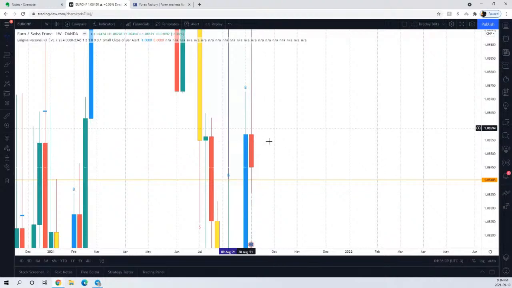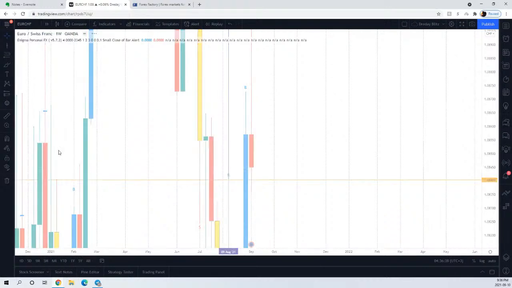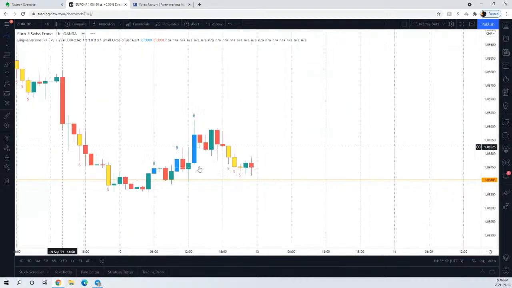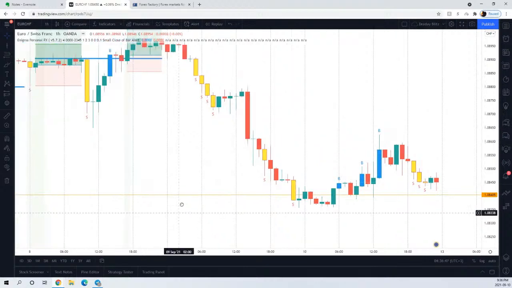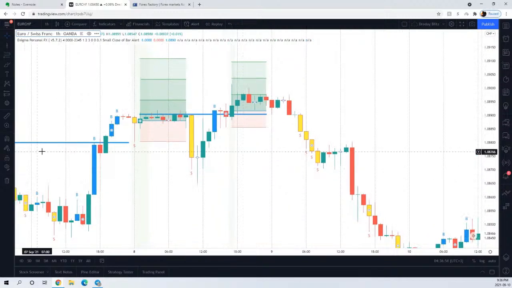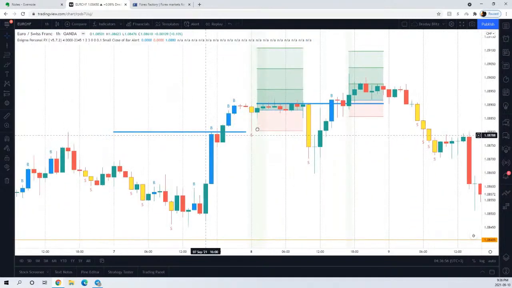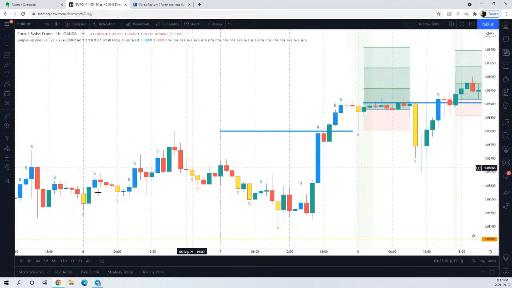Okay, so we said Euro CHF as a sell on the weekly, so it was perfect. Let's look at the hourly chart. Like I said, start of the week, it was consolidation, gave you a little up move, didn't do anything.